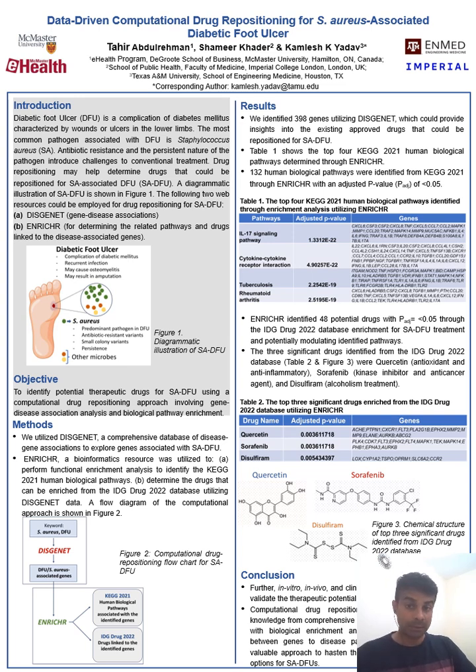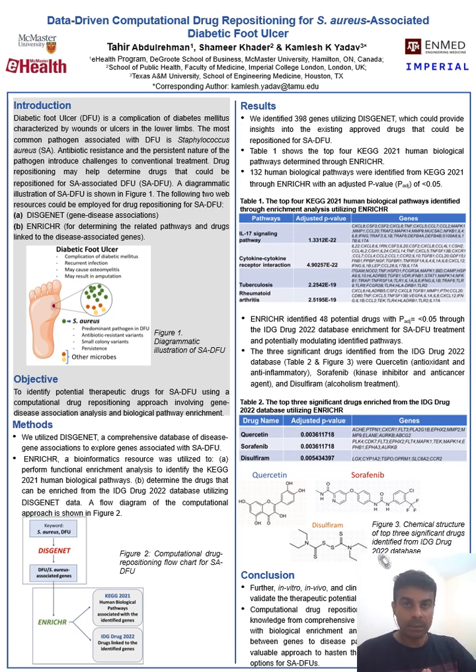So coming to the results, we have identified 398 genes utilizing DisGeNET, and these genes could provide insights to the existing approved drugs that can be repurposed for aureus associated diabetic foot ulcer.